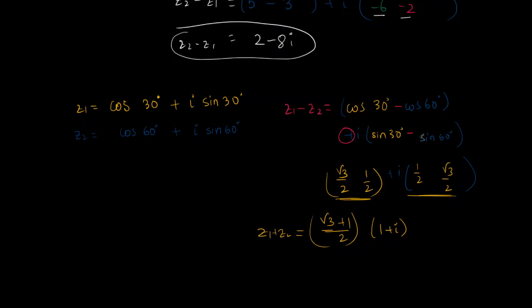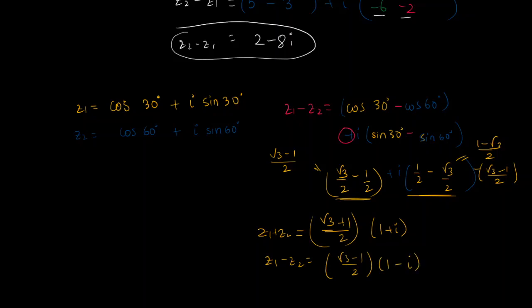If you look at this closely, the real part is equal to root 3 minus 1 over 2. The imaginary part is equal to 1 minus root 3 over 2, which is the same thing as negative of root 3 minus 1 over 2. Take root 3 minus 1 over 2 to be common, and you will leave behind 1 and a minus i.